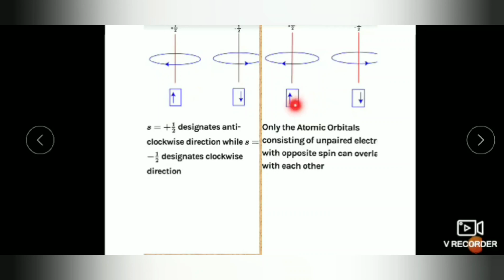So if one orbital contains a positive unpaired electron and the other contains a negative unpaired electron, these two orbitals will overlap to form a covalent bond.